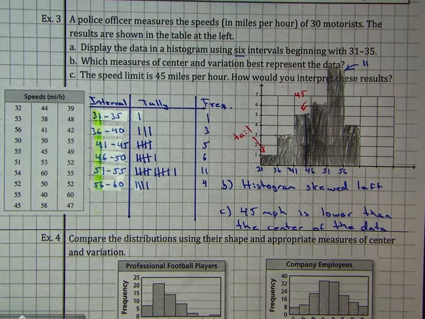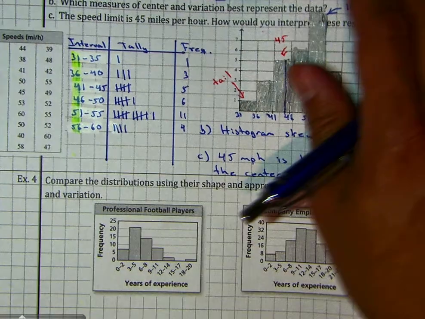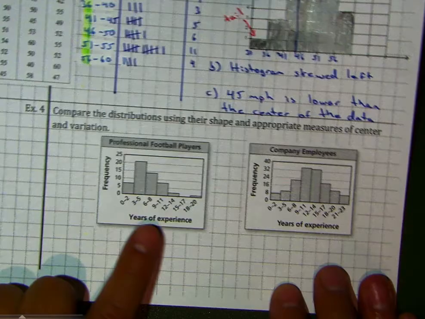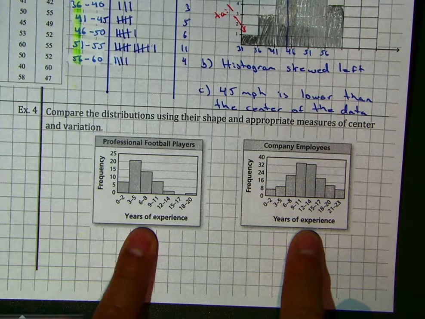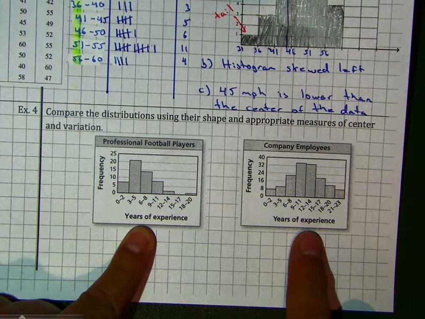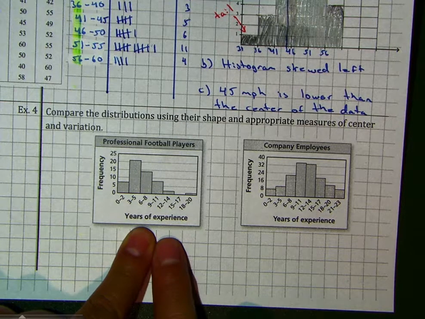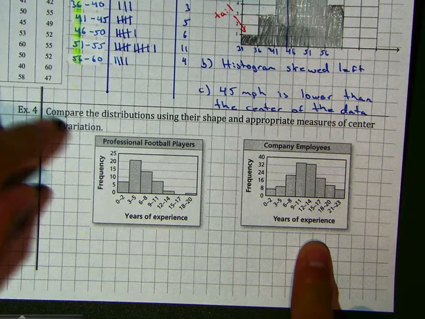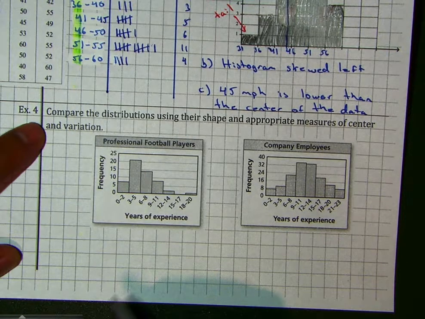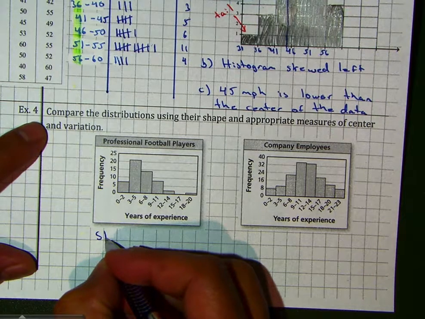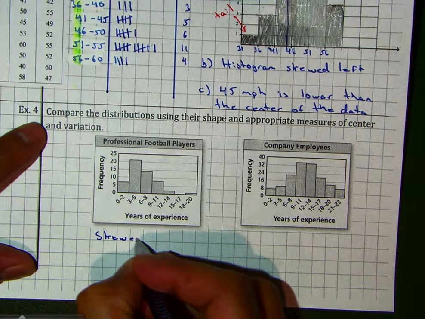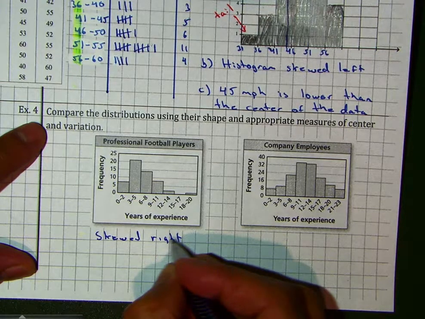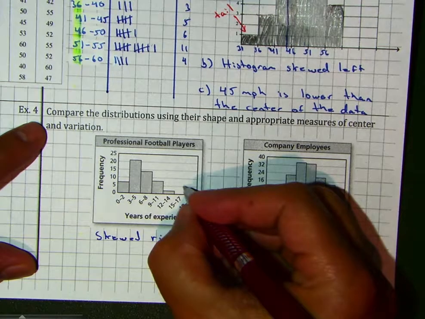Now, many times they're going to ask you to compare the distributions. They're going to give you the histograms already done, and I just need you to be able to tell me whether one of them is skewed more than the other. So in this case, this is skewed right, correct? That's something that I always have to remind myself: the tail is on the right.